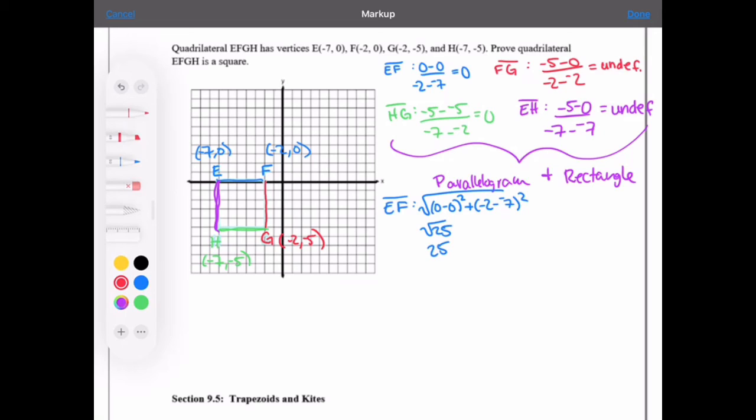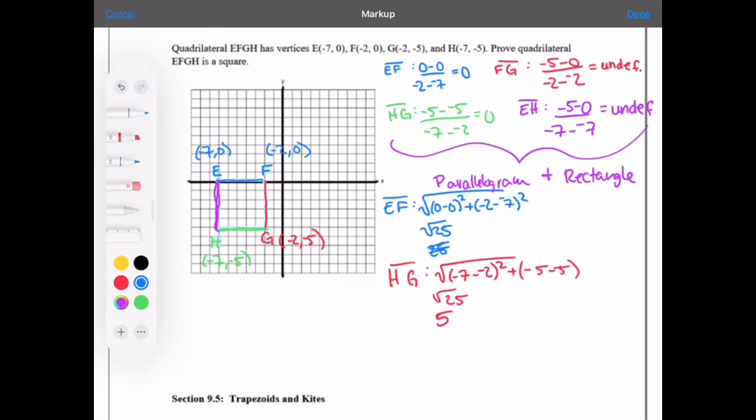Okay, so we did EF. Now let's look at FG. Let's look at HG. So HG will give us a square root of -7 minus -2 squared plus -5 minus -5 squared, and that gives us square root of 25, which gives us 5.